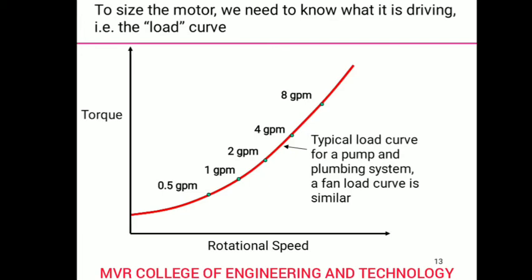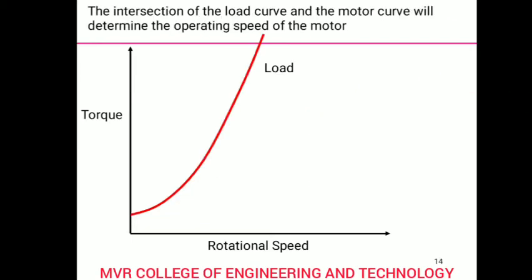Here you can see the typical load curve for a pump and plumbing system, or a fan load curve in a similar way. Depending upon the load, the torque and rotational speed characteristics vary. This is a load curve, and the motor curve will determine the operating speed of the motor.